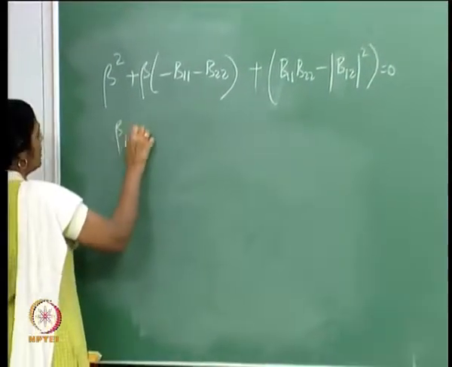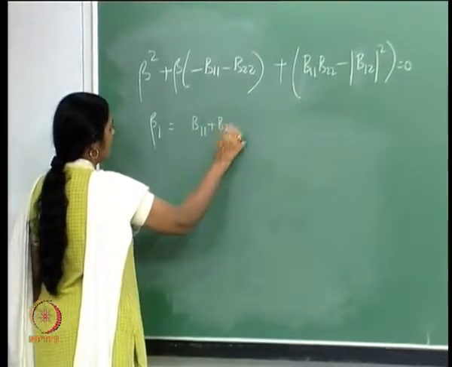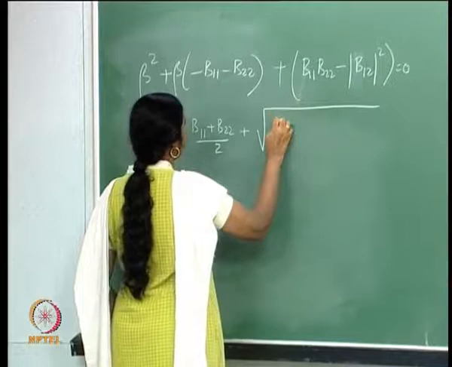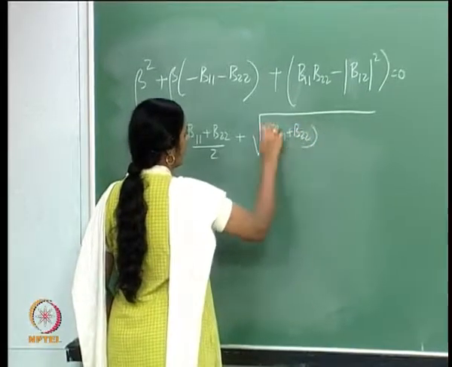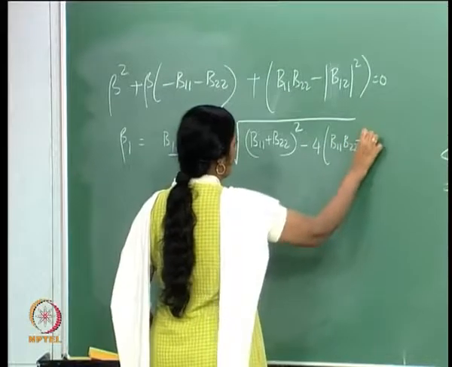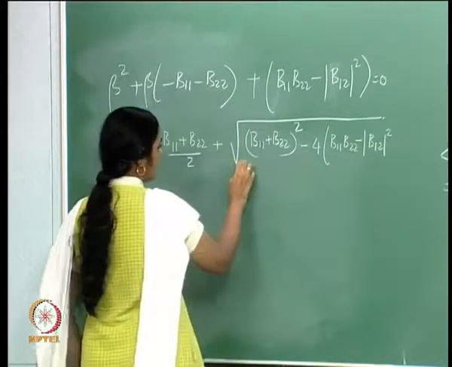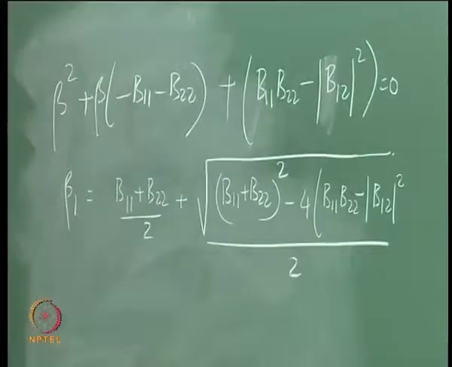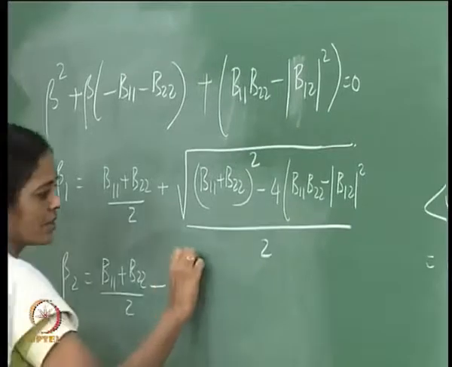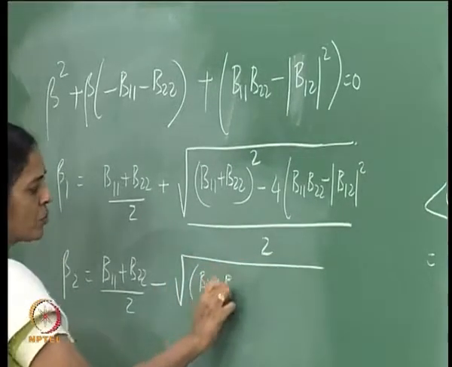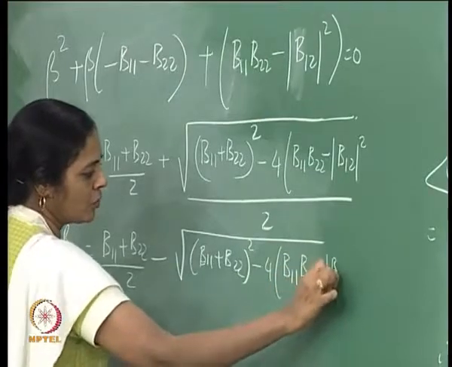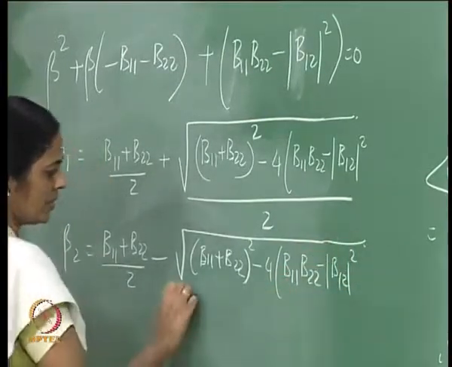So, beta 1 is this, that is beta 1, and beta 2 again is the solution with a minus sign, the root of the same quantity, B11 plus B22 the whole square minus 4 times B11 B22 minus modulus of B12 the whole square, by 2.